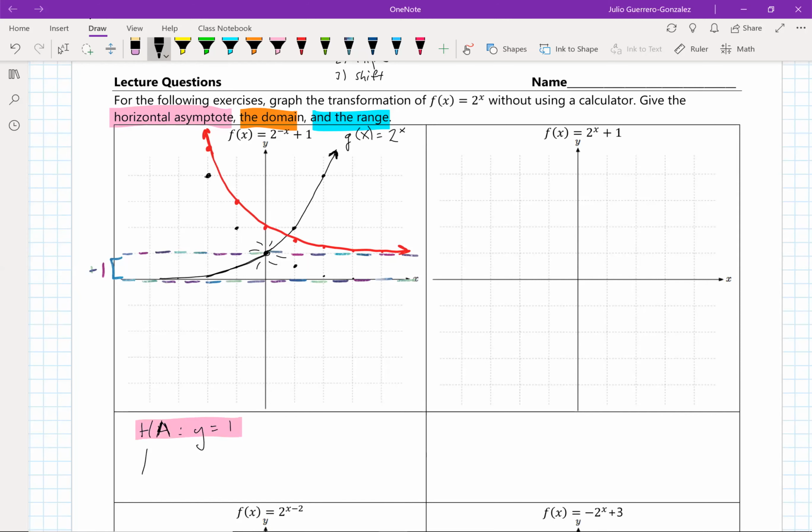Domain. The domain would be from... you need the vertical asymptote? No, you don't. Would it be negative infinity to positive infinity? Right. So let me run down the logic there. What are the two things we can't do in math?